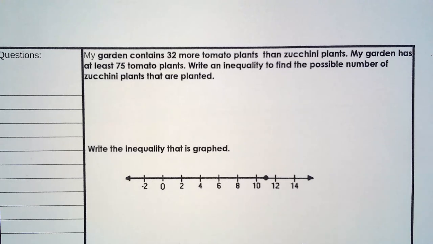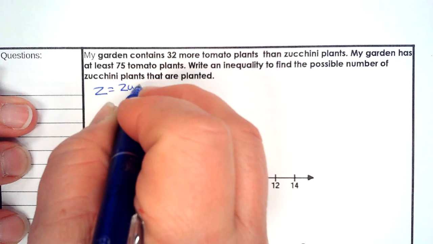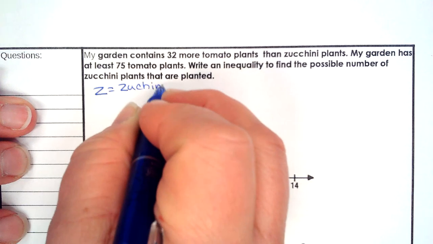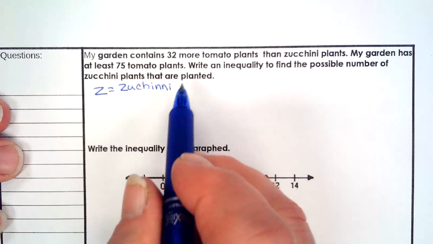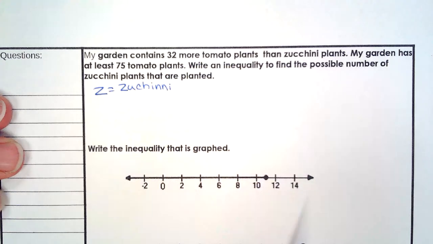So if we use Z for zucchini, so I've got 32 more tomato plants than zucchini plants.